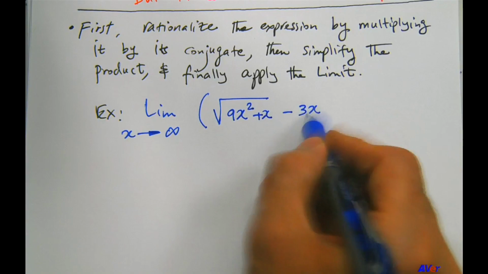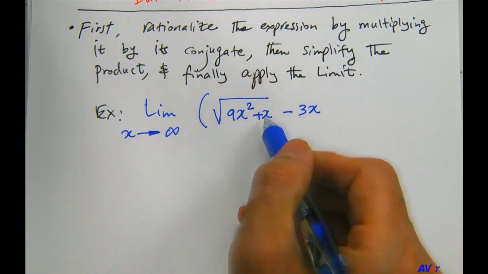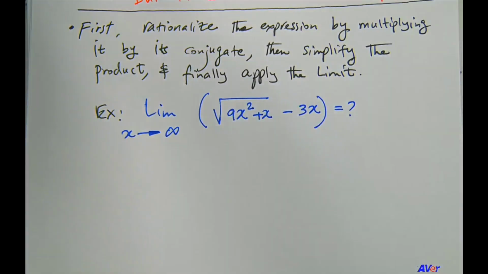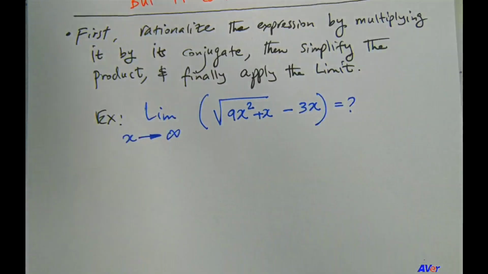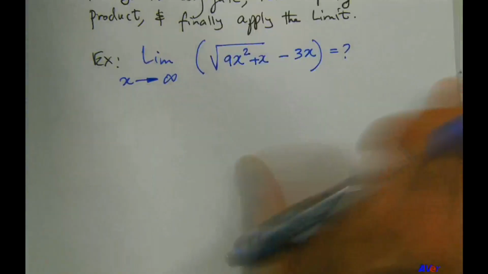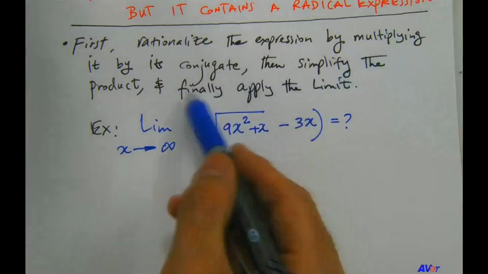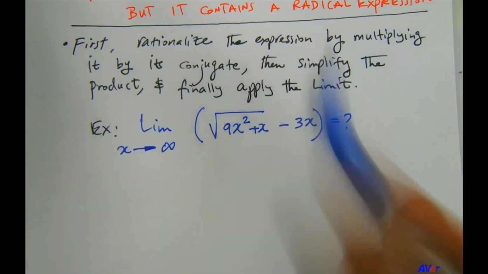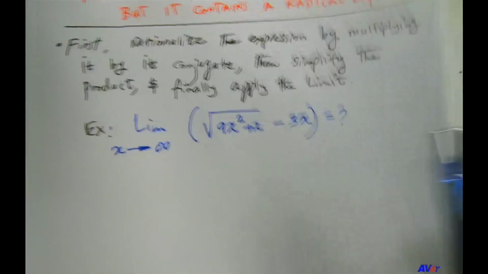And of course, minus 3x is outside of this radical expression. So this isn't a rational function, but it is an expression with a radical expression in it. So the first thing we want to do, as this description is indicating, is rationalize the expression. So let's do that.